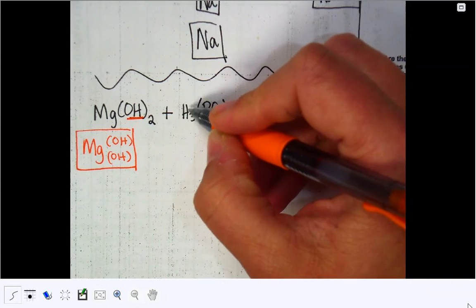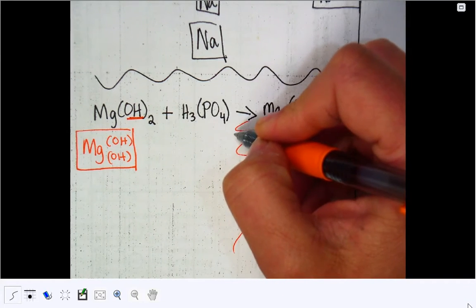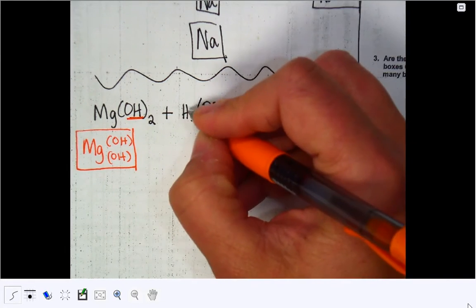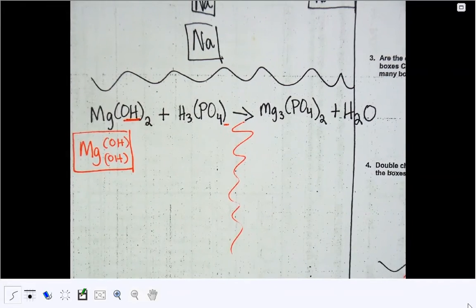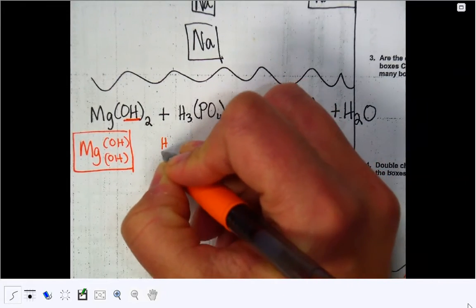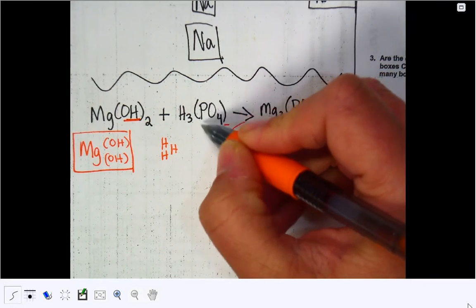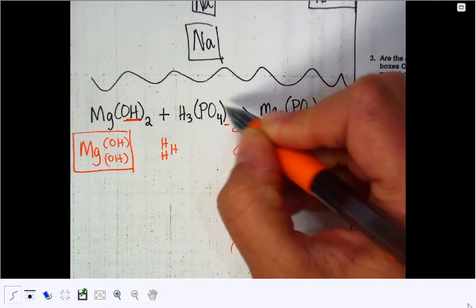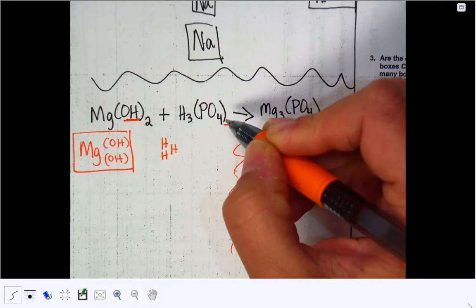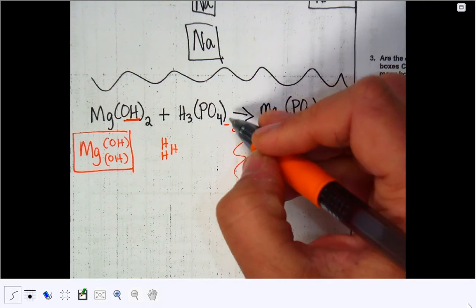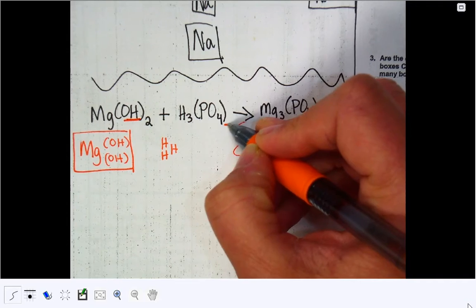All right, so right here we have H3PO4 with no little subscript. So that means we have how many hydrogens? 3. So we're going to go H, and then PO4. How many phosphate ions are there? 1, just 1, because there's no subscript right here, right?